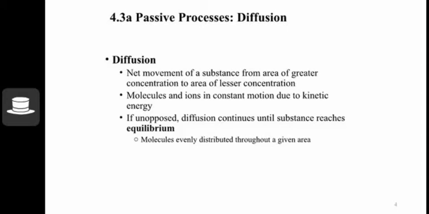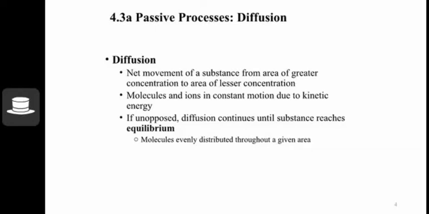Now, the concentration of lemon-scented molecules is going to be really high in that particular corner. And if you look at the opposite side of the room, it's going to be really, really low. But over time, the random Brownian movement of the air molecules kind of bonking into each other and bonking into the little lemon-scented molecules are going to start to spread those lemon-scented molecules out throughout the room.